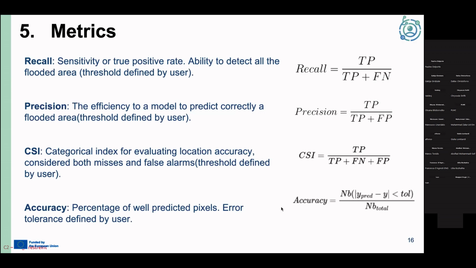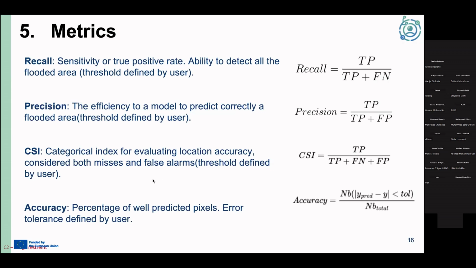We are also working with the precision, which is the efficiency of a model in predicting the flooded area correctly. And another one, which is very interesting because it takes into account both misses and false alarms, is a categorical index for evaluating the accuracy at a certain location.